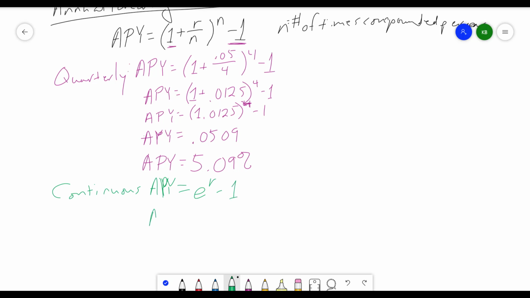So I'll have my APY equals e to the 0.05 minus 1. And I can plug that into my calculator. e to the 0.05 minus 1. And I get my APY equals 0.0513, or my APY is 5.13%. So we can see that difference with the continuous compounding in the APY.